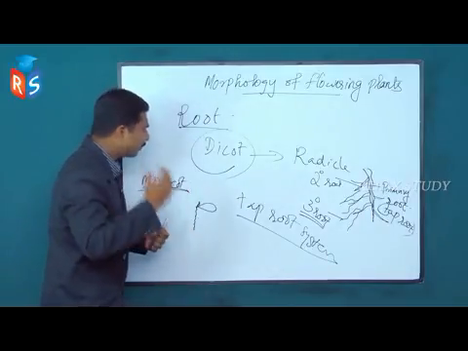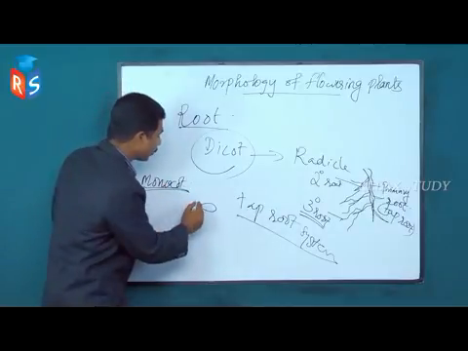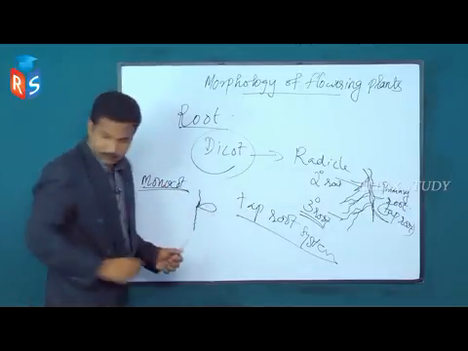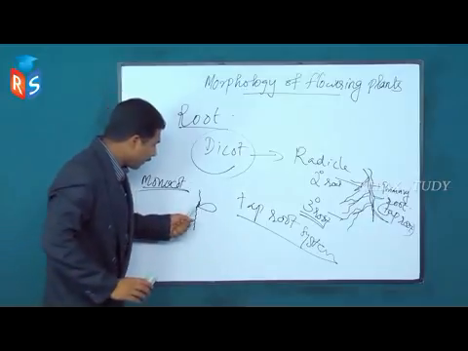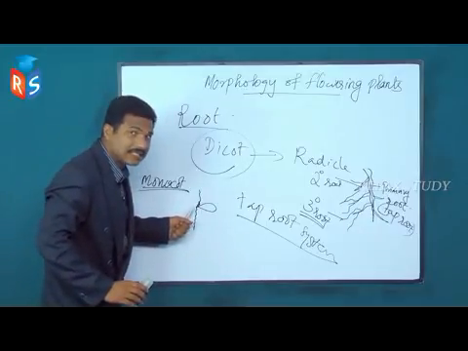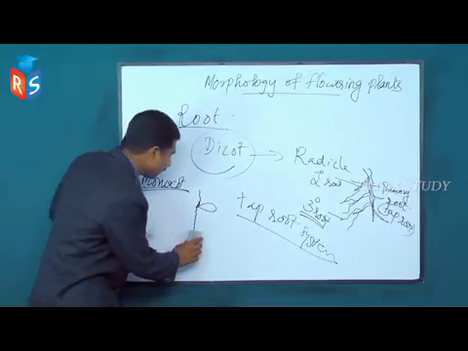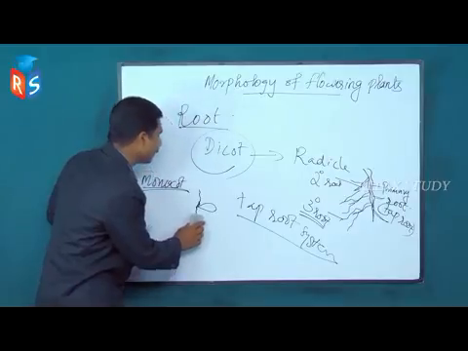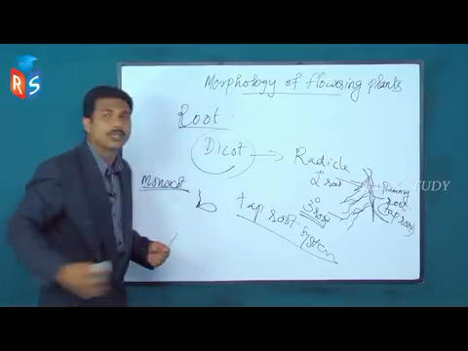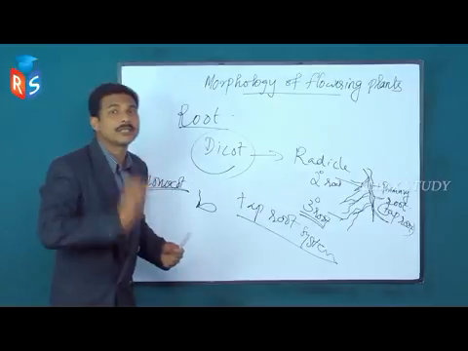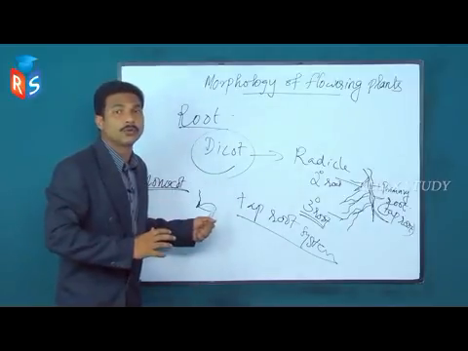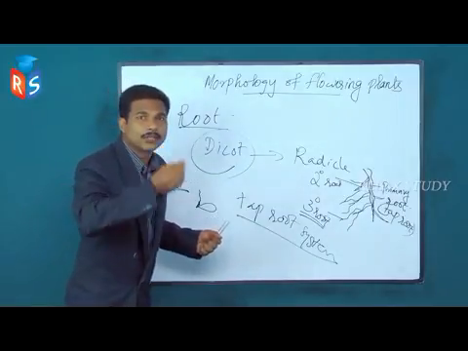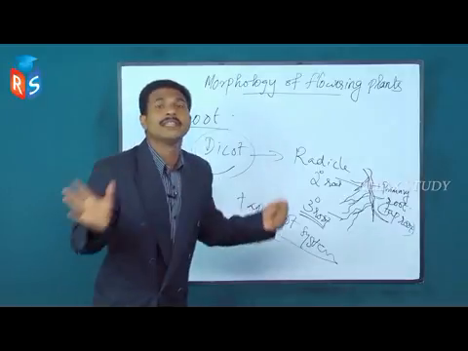Then after some time of development of the shoot, what will happen? This radicle root slowly disintegrates and disappears. That means it is short-lived only. After some time of growth of the monocot plant, the root developed from the radicle will not be there.